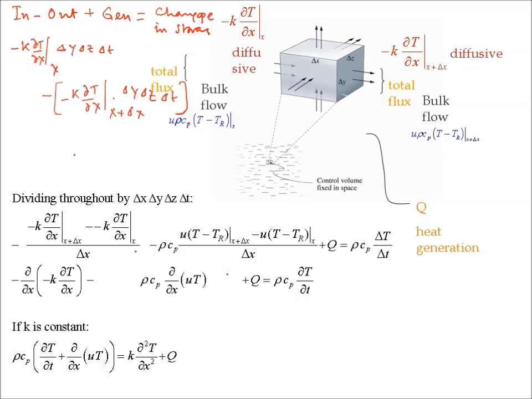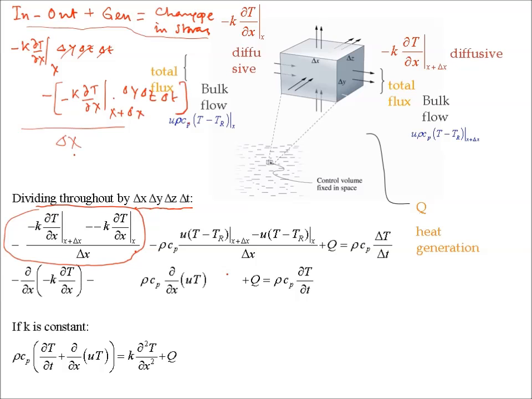Okay, so I just want to take those two terms, as there's only limited space here. You divide throughout by delta x delta y delta z delta t. Then what do you get here? This delta y, delta z, they go away, and you get left with a delta x in the denominator. So that's what this term is.